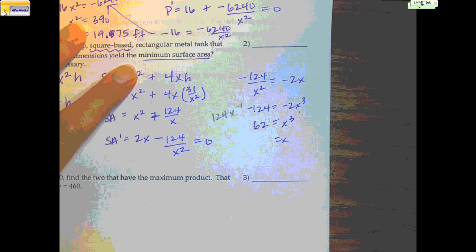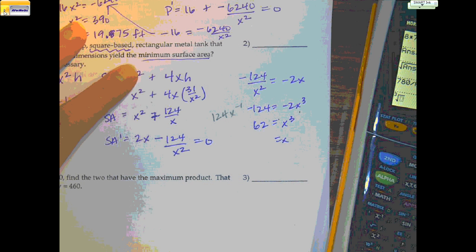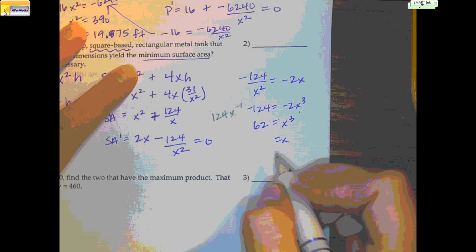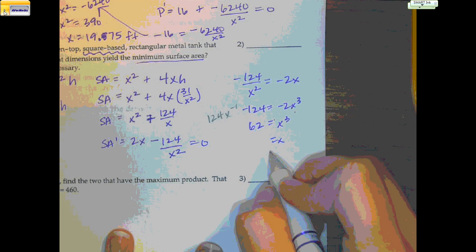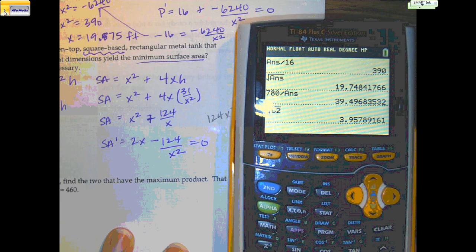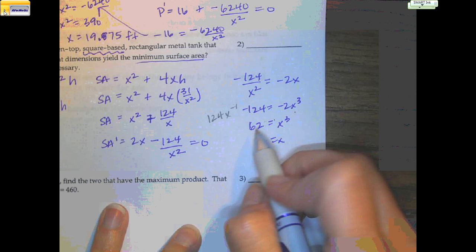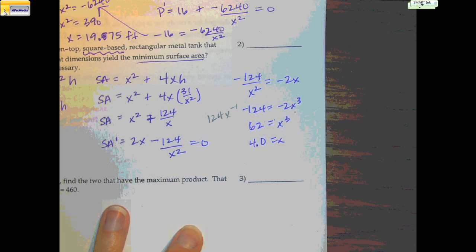Cube root. It says to round to the nearest tenth. So what happens when you round that number to the nearest tenth? 4.0. The 0.0 tells the reader that you rounded to the nearest tenth. If you just put 4, the reader doesn't know that you rounded.